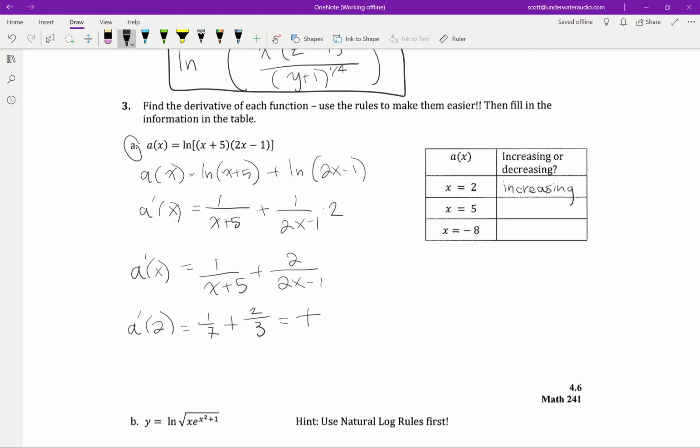At 5, a prime of 5, I get 1 over 10 plus 2 over 10 minus 1. 10 minus 1 is 9. So this is still something positive. So it's still increasing.